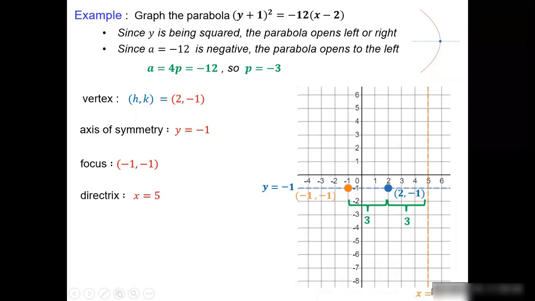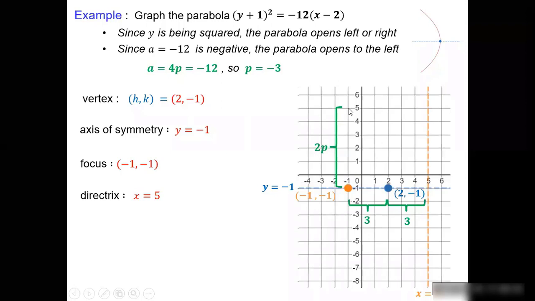But we still only have 1 point on our parabola. So this is where we can now find the endpoints of the latus rectum, recognizing that if I move parallel to the directrix through the focus, then I need to go 2p units up and 2p units down.